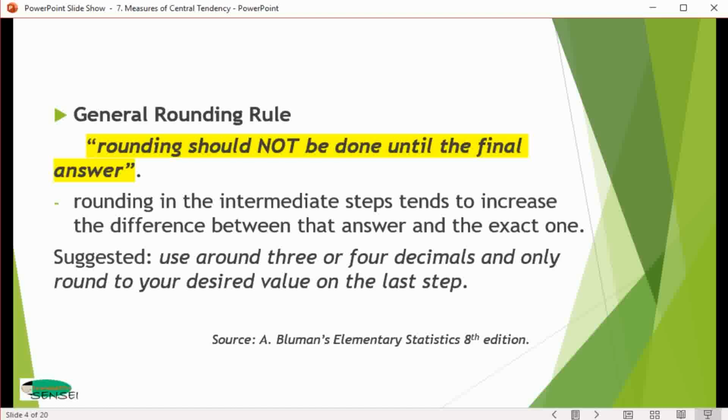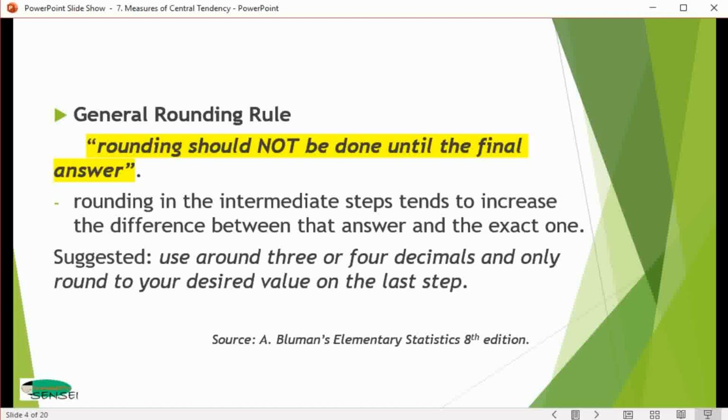Before we proceed to some of the examples later, we should remember the general rounding rule that, as much as we can, we don't round these numbers. We cannot get away with the fact that there will be instances where we need to present our values in decimal. And sometimes there are numbers with unlimited decimals.